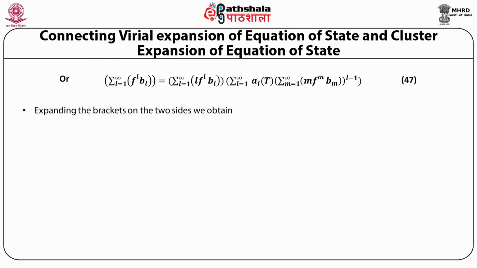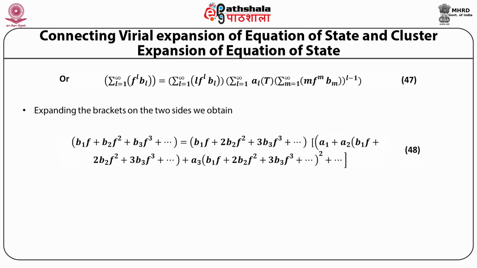Expanding the brackets on the two sides, we obtain b1 f plus b2 f squared plus b3 f cubed is equal to b1 f plus 2 b2 f squared plus 3 b3 f cubed plus so on, multiplied by a1 plus a2 into b1 f plus 2 b2 f squared plus 3 b3 f cubed plus so on, plus a3 into b1 f plus 2 b2 f squared plus 3 b3 f cubed plus so on, whole square, plus so on.